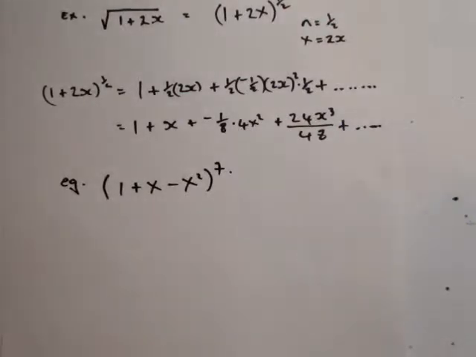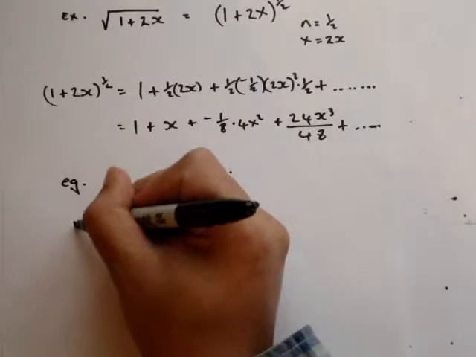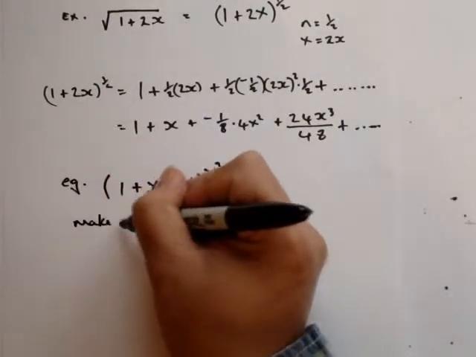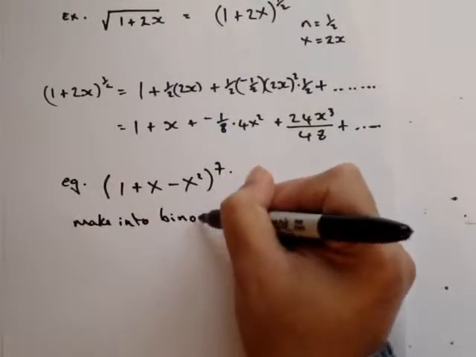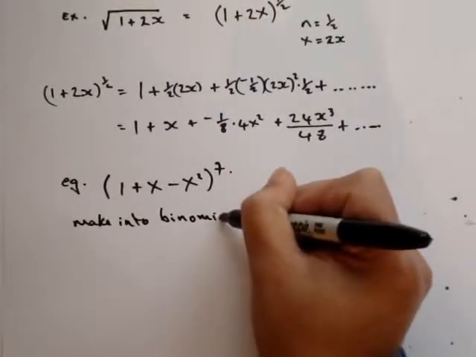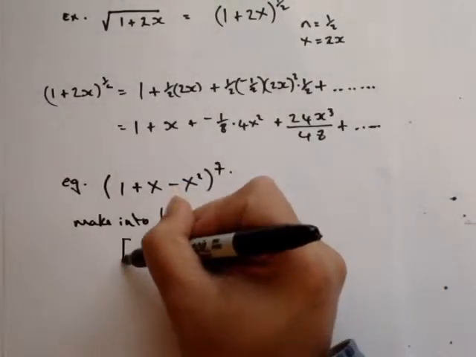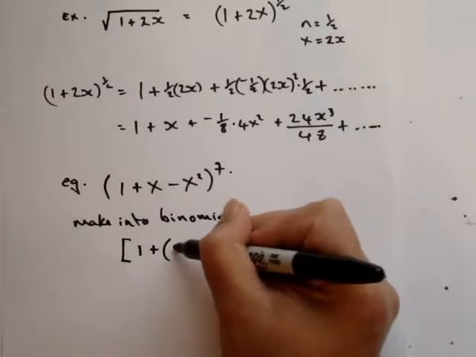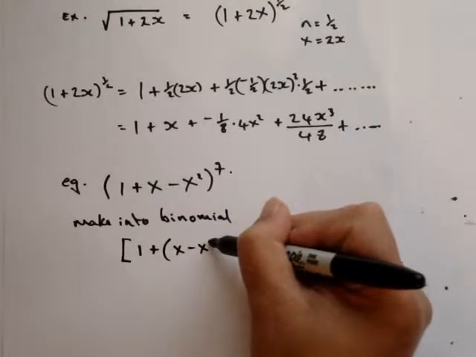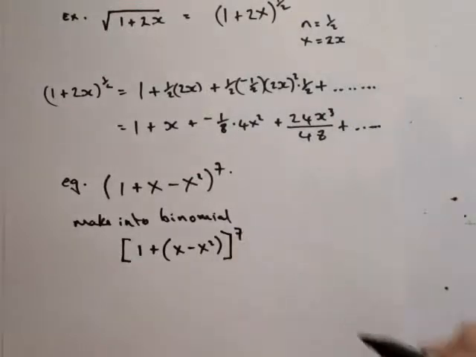So what we'd have to do is make it look like a binomial, so make into a binomial. And this would then be 1 plus, then in brackets, x minus x squared, so that would be our binomial, and that will be to the power 7.